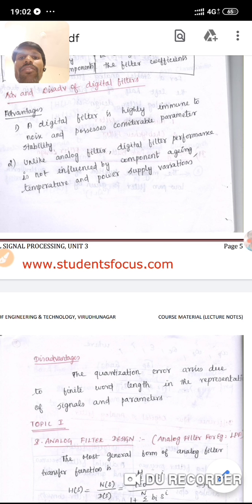And analog filters are influenced by component aging, temperature, and power supply variations. If by the age of the component it will be affected by noise, and if the temperature increases, the analog filter frequency response may change.